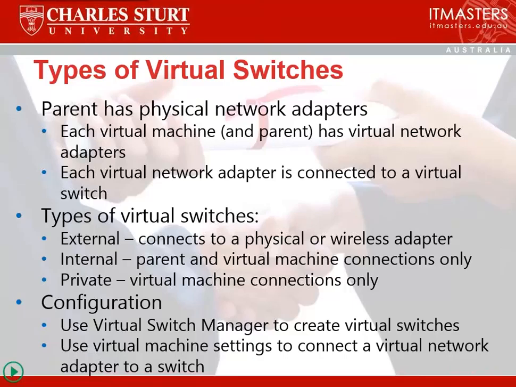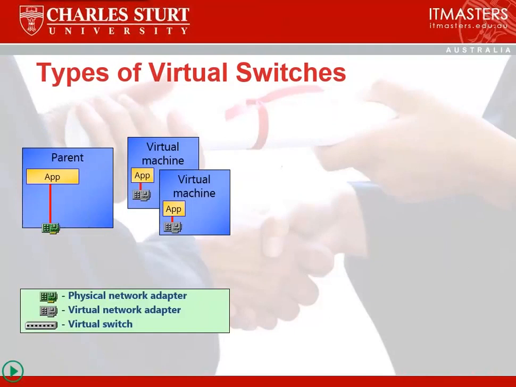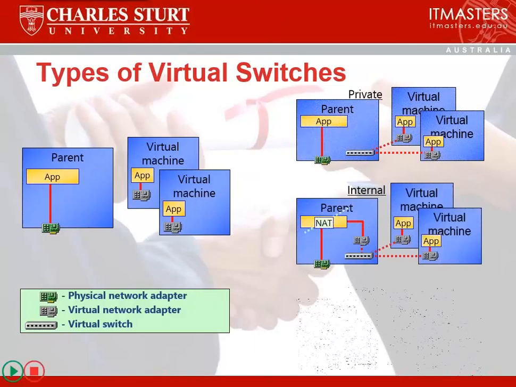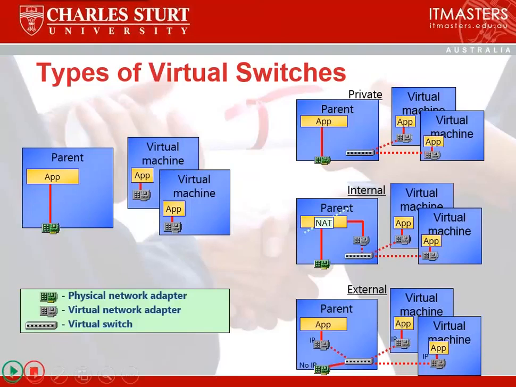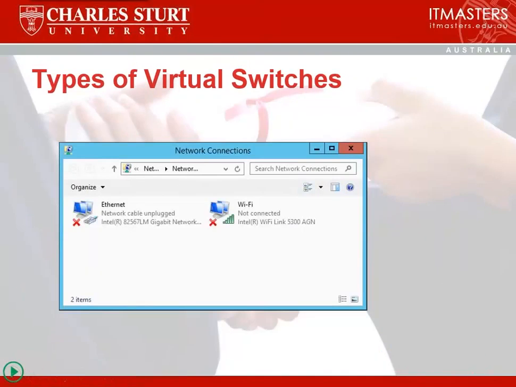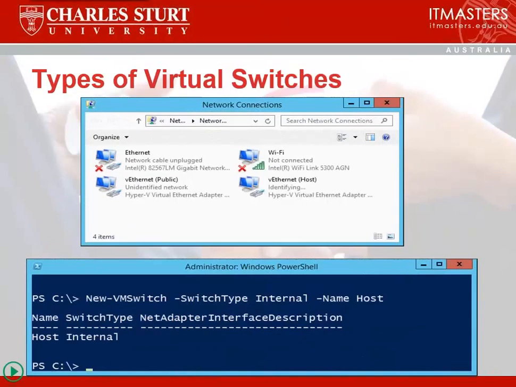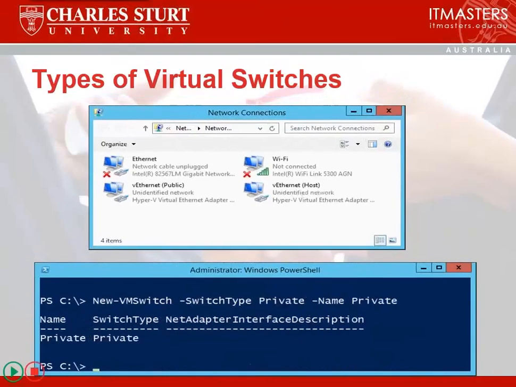As we covered last week, there are 3 types of switches: external, internal, and private. I don't want to cover it again. What they do is they create different types of networks. You can create NAT. Please watch the first week recording to understand better. This is all offline information for you to read later.